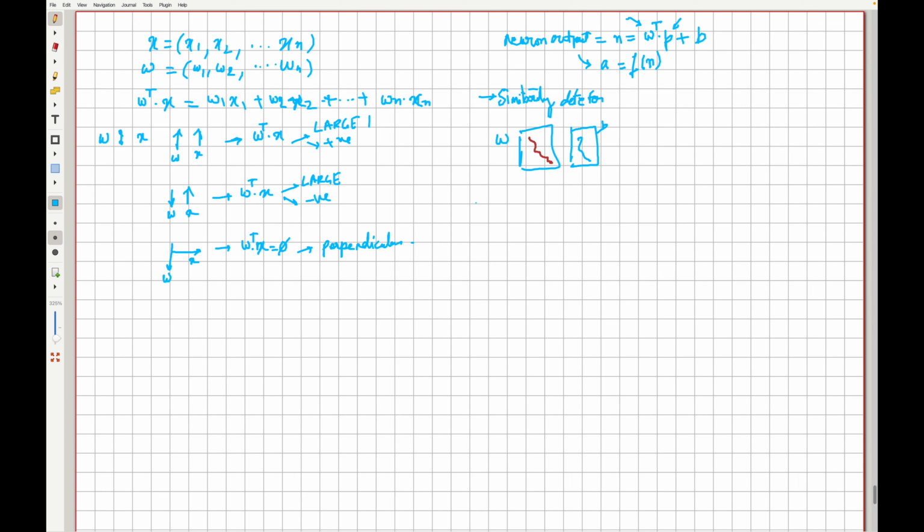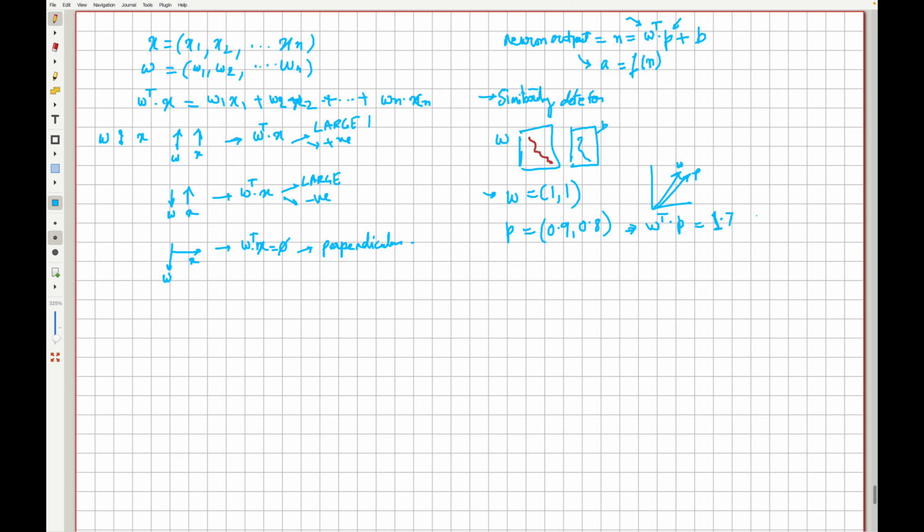For example, if we have w which is 1 1, so that's a diagonal pattern that goes up like this, and we have a value of p which is 0.9, 0.8, positive, somewhere close to that, then if we perform the dot product w transpose p, it would be around 1.7.